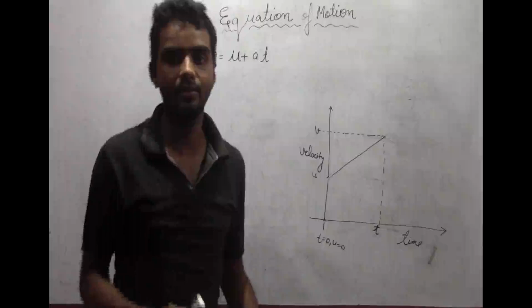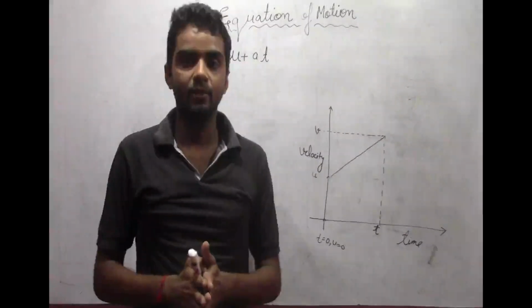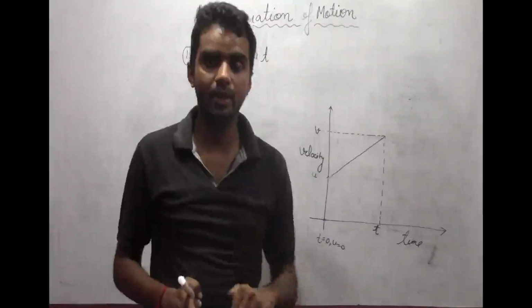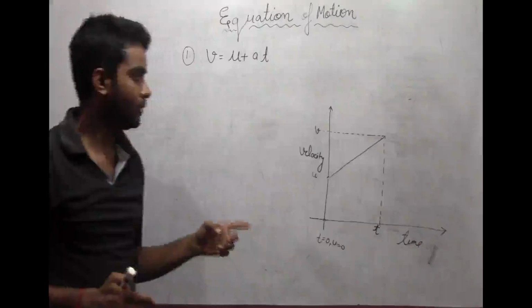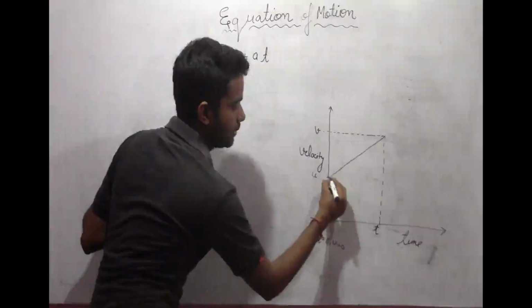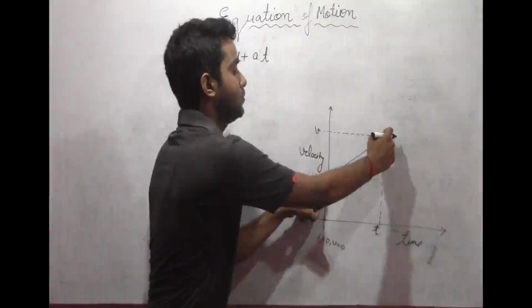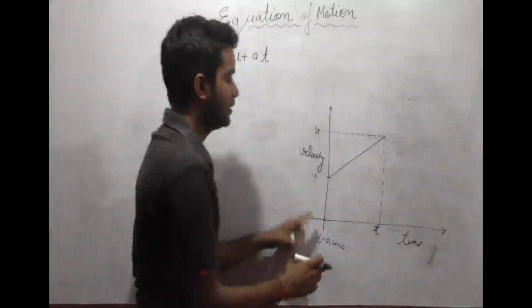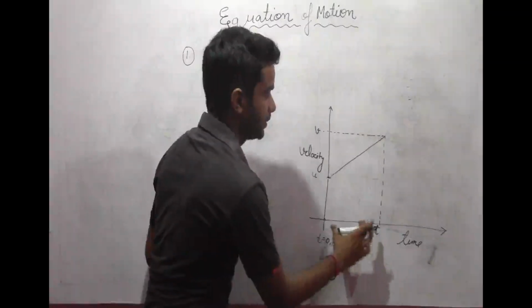Acceleration is the change in velocity upon change in time, meaning in the given interval of time, if you calculate the change in velocity, then you can calculate acceleration. The initial velocity is u, and its velocity has changed to v. Within how much time? The time taken is t.